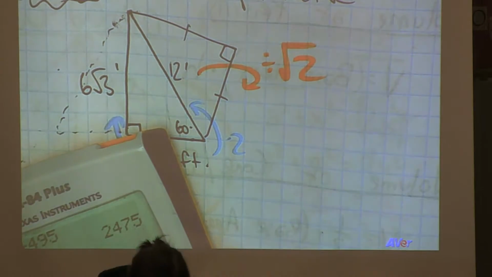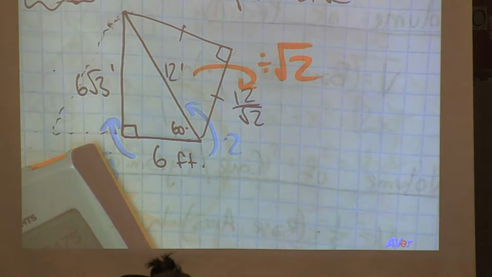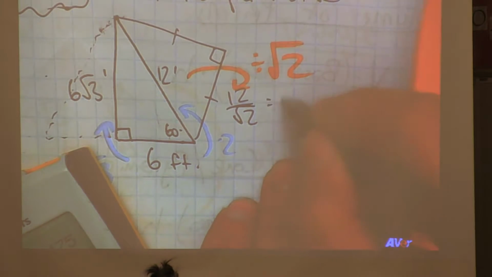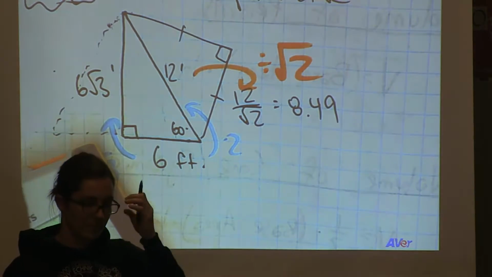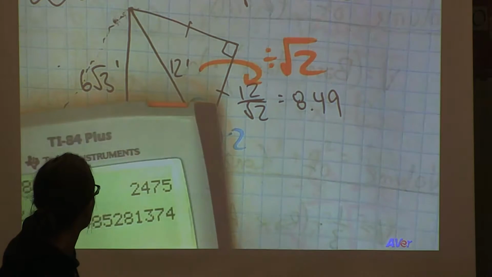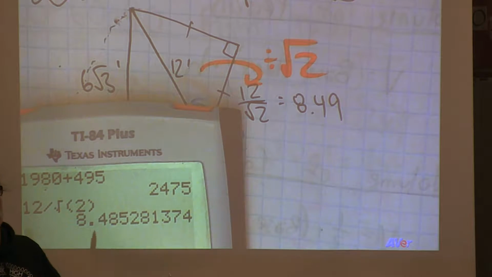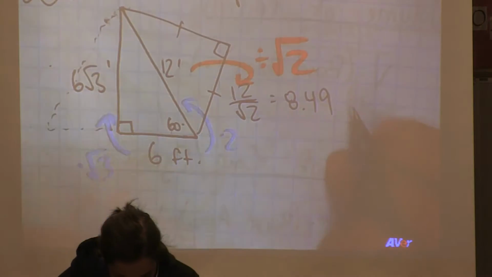I could write it as 12 over root 2, or I can write it as a decimal, which is 8.49. I rounded, of course. 8.485, that 5 kicks the 8 to a 9. So, if that's 8.49, then this is 8.49.